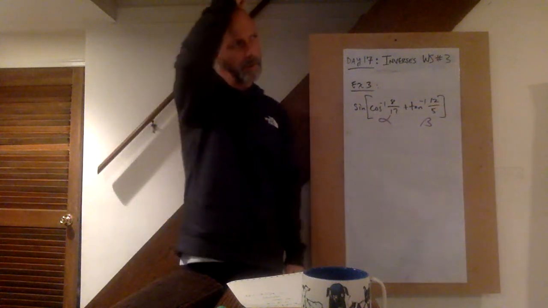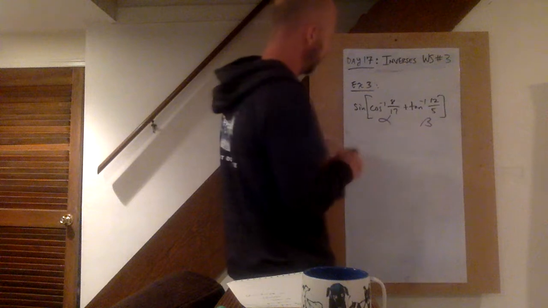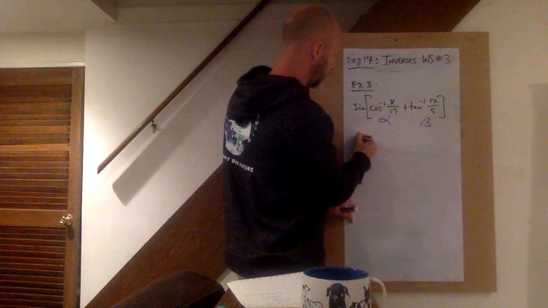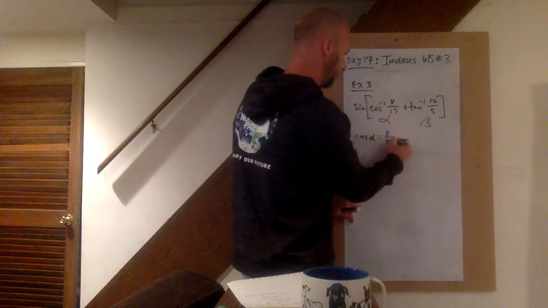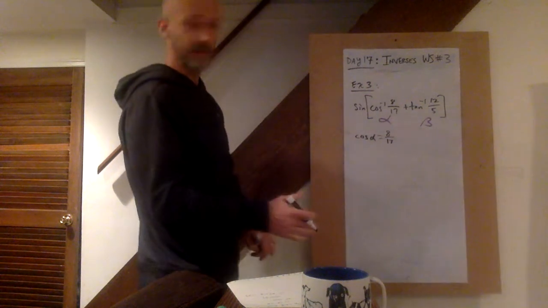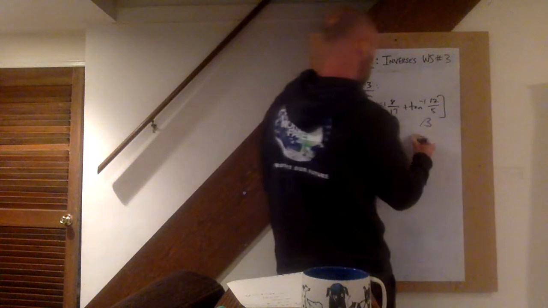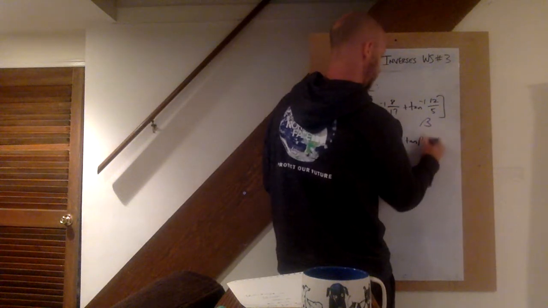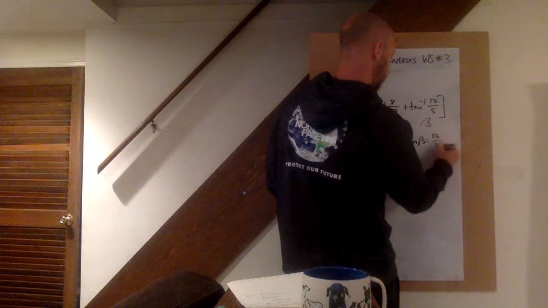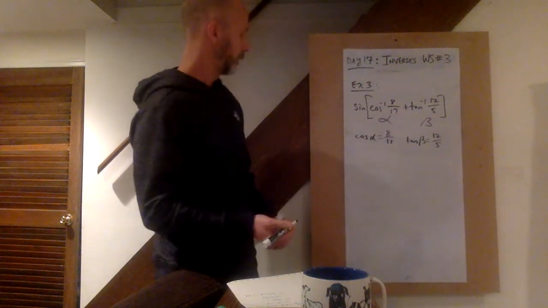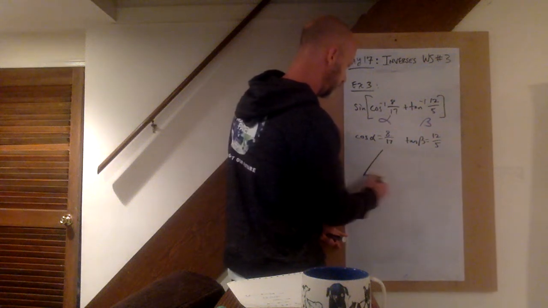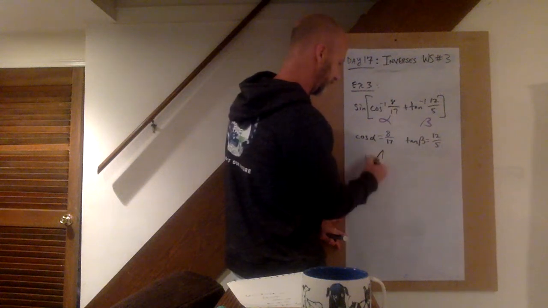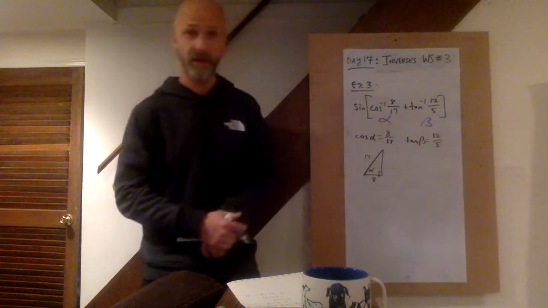So let's see what we know about alpha. A little preliminary work here. Cosine of alpha must be 8/17. That's got to be true. Meanwhile, tangent of beta equals 12/5. Cool. Let's draw some triangles so we can see what's going on here. If cosine of alpha is 8/17, then I've got my triangle that looks like that.